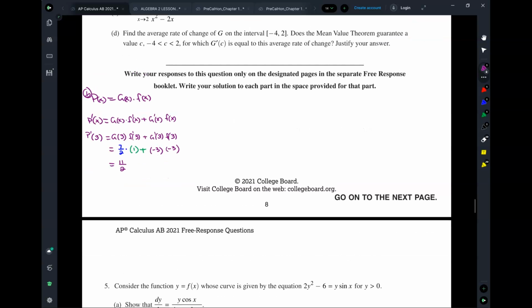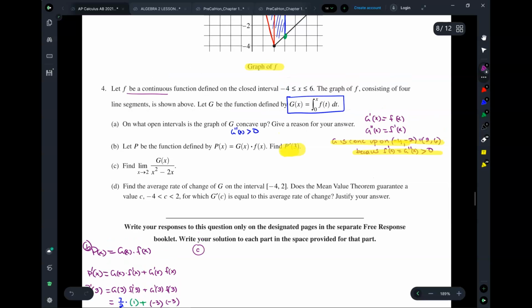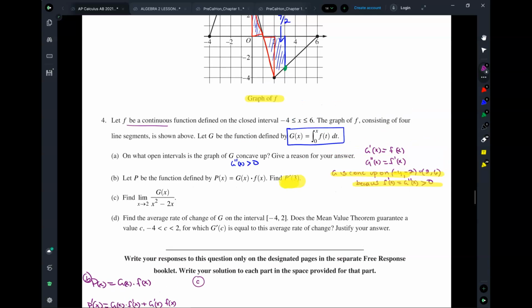Part C. C is an interesting one. C: the limit as x approaches 2 of g of x over this. Let's plug in 2 in the numerator. That would give you g of 2.